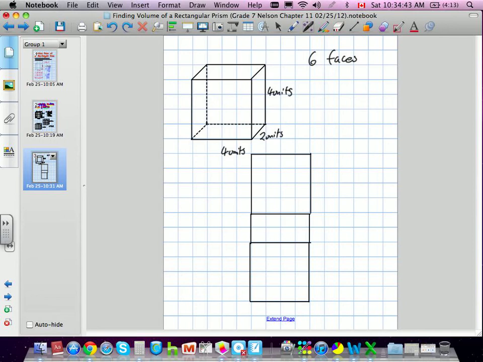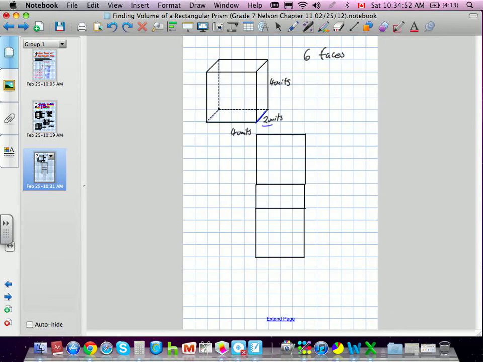Extend a little farther, and the bottom face is 2 by 4. Okay, I have 4 faces. What am I missing? 2 side faces. Okay, so what is this side face? What's the measurement of it? Yeah, that's right. It's 4 by 2 again.